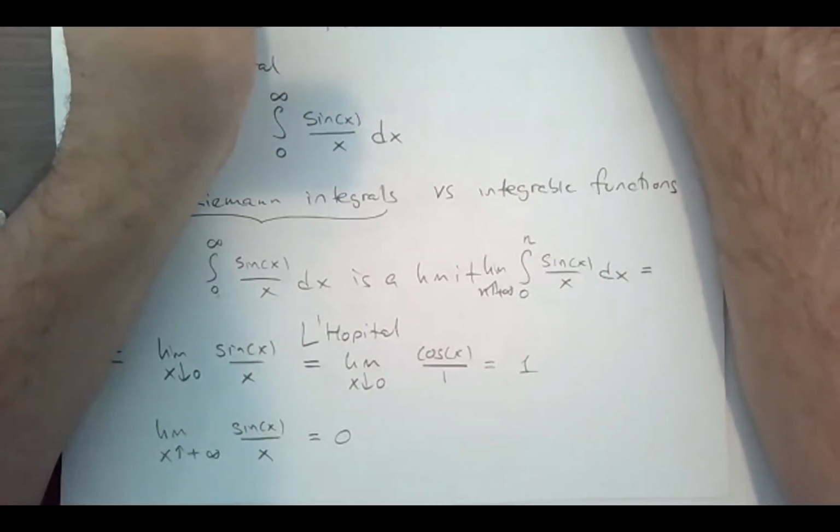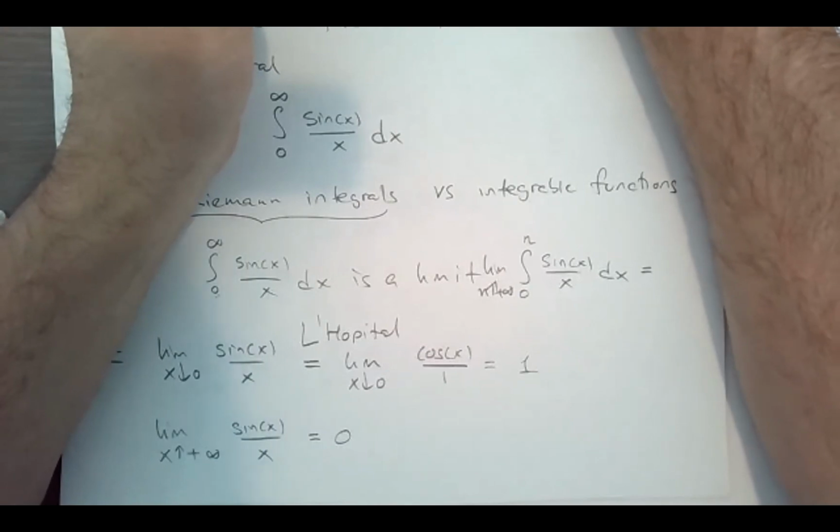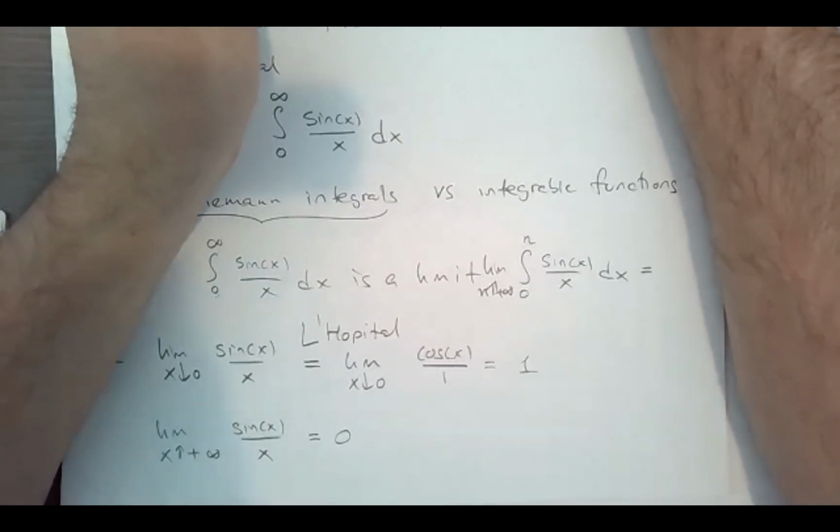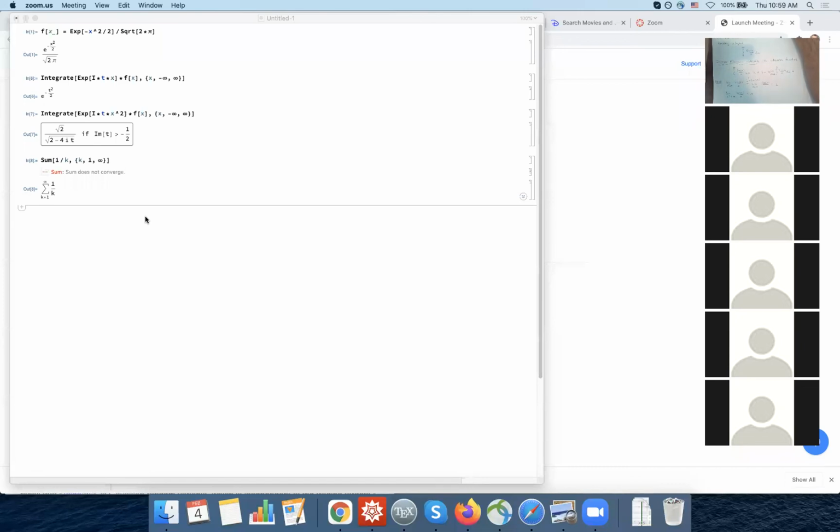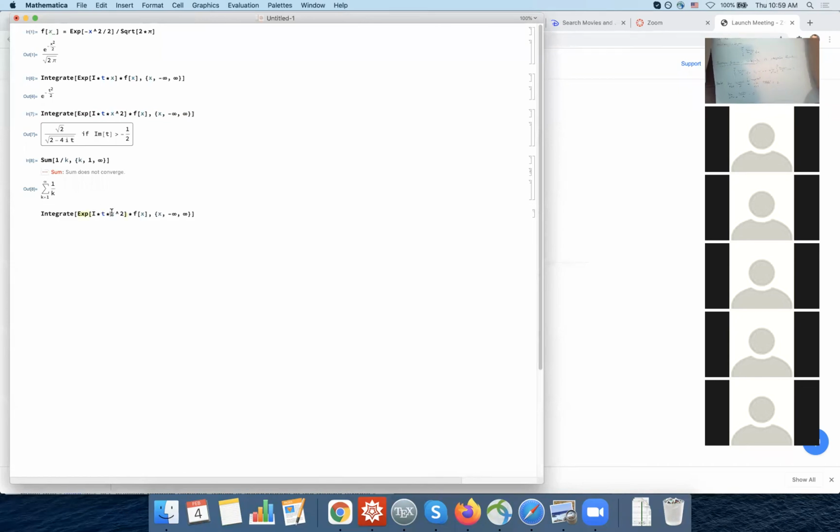And we're running out of time, but let me just show you what Mathematica would say to something like this. If I were to integrate sine x divided by x from 0 to infinity, what would I get?